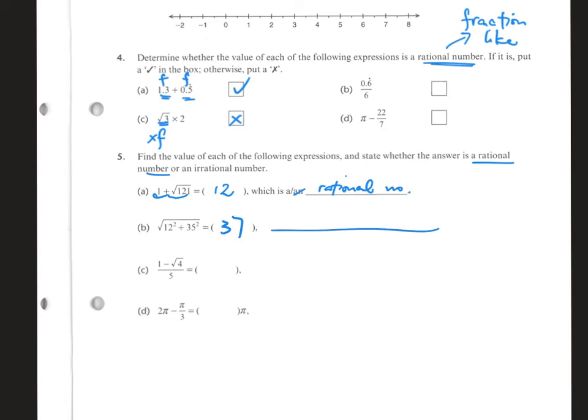Parts C and D, I will leave to you, but how about part E? Do you think this one is rational or irrational, and how about this one? Because it looks like an identity, right? But with the help of the calculator, you can check the results directly for these two expressions. Let's check part E first.